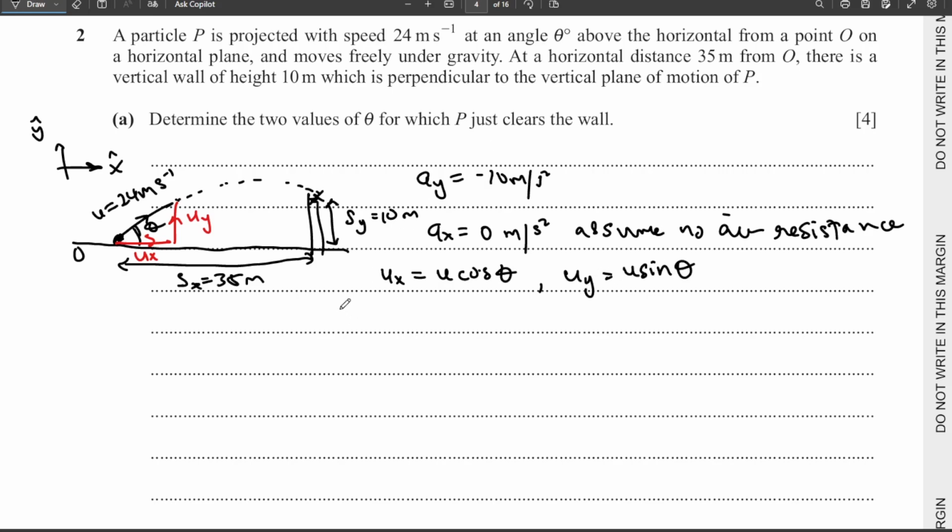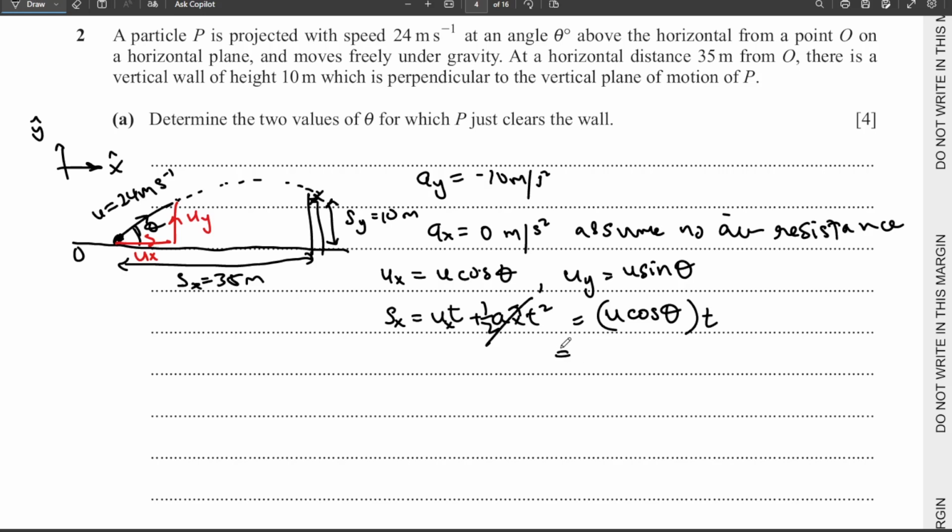So in the x direction, let's form the equation first because we have one variable we can eliminate straight away, which is that the acceleration is 0. So Sx will be uxt plus half axt squared. Because the acceleration is 0, this term goes to 0, and it will just be u cosine theta multiplied by t.